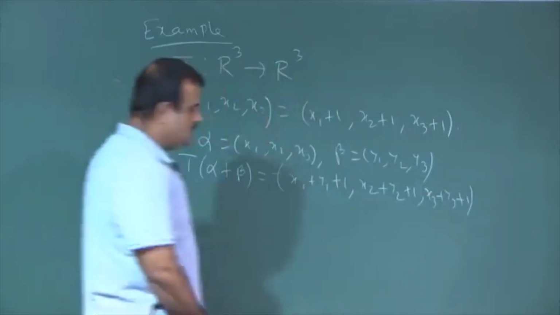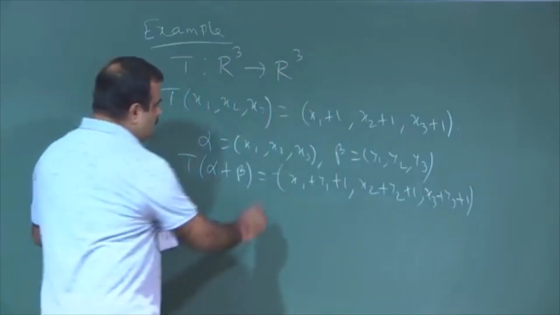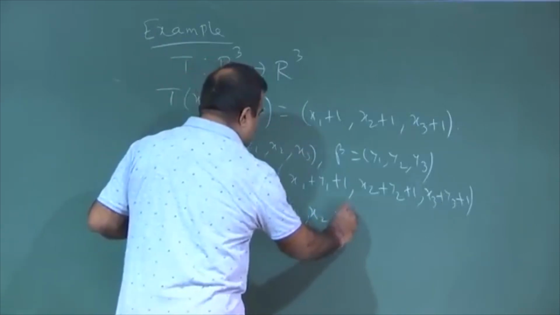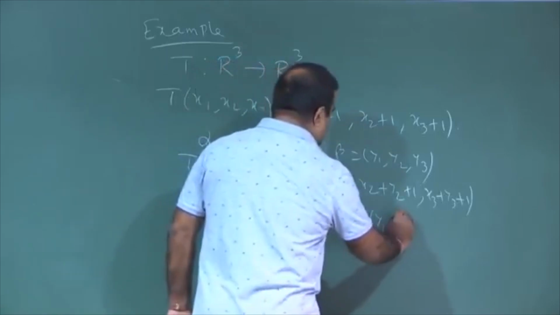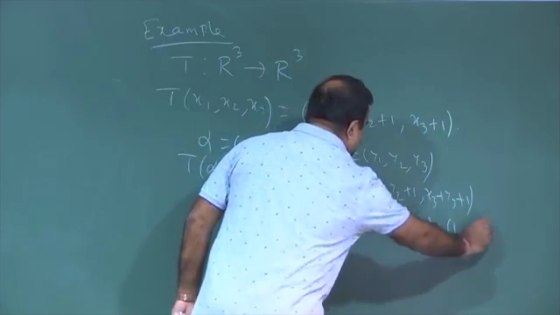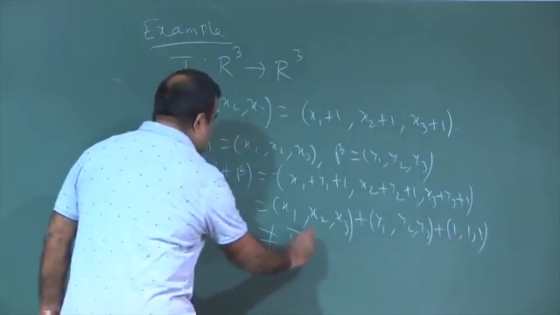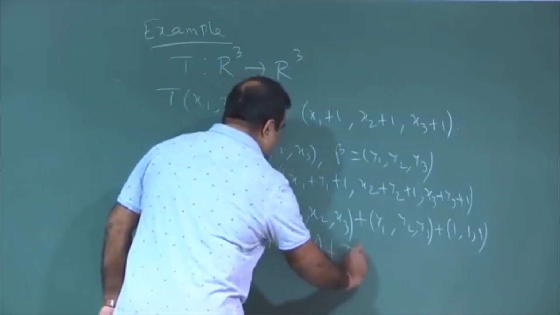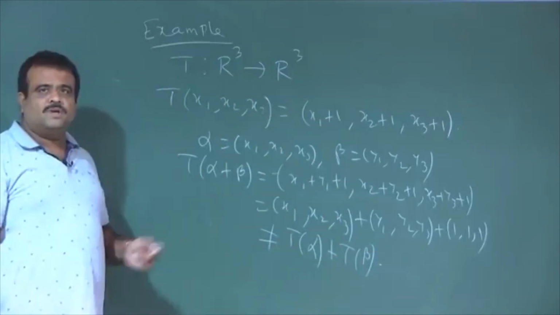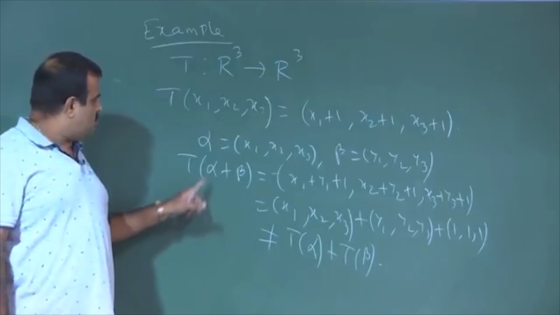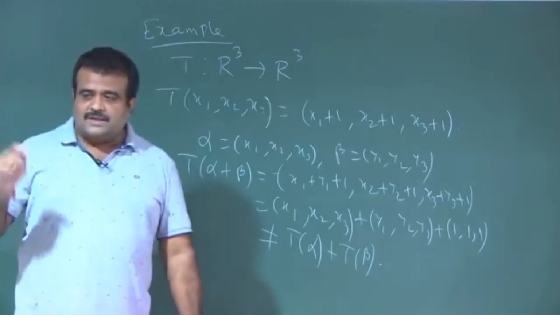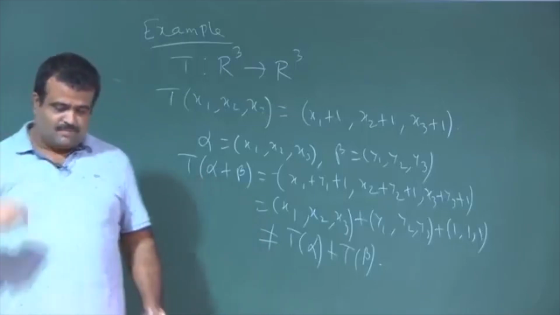This is equal to (x1, x2, x3) plus (y1, y2, y3) plus (1, 1, 1). So, this is not the same as T of alpha plus T of beta. To be a linear transformation, this has to equal T of alpha plus T of beta. So, this is an example where the mapping is not a linear mapping.